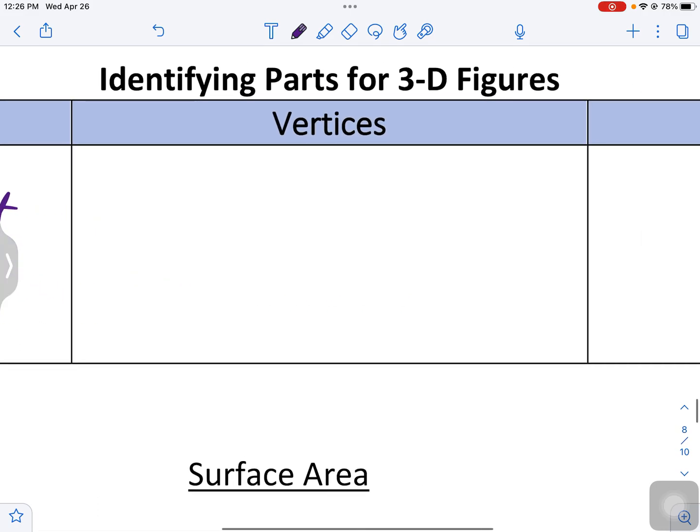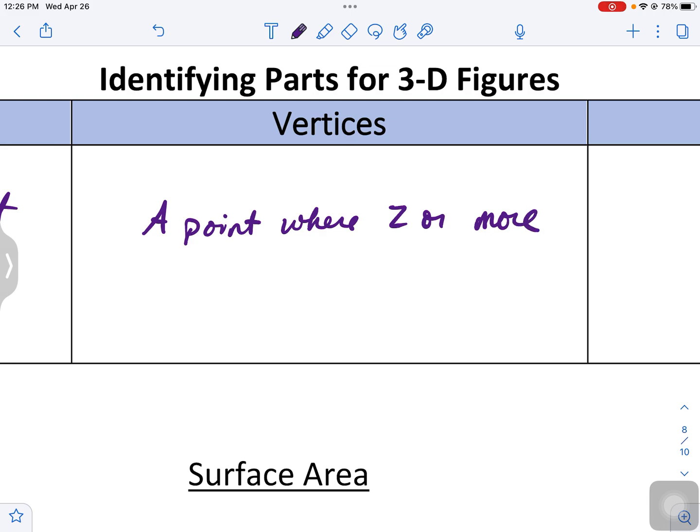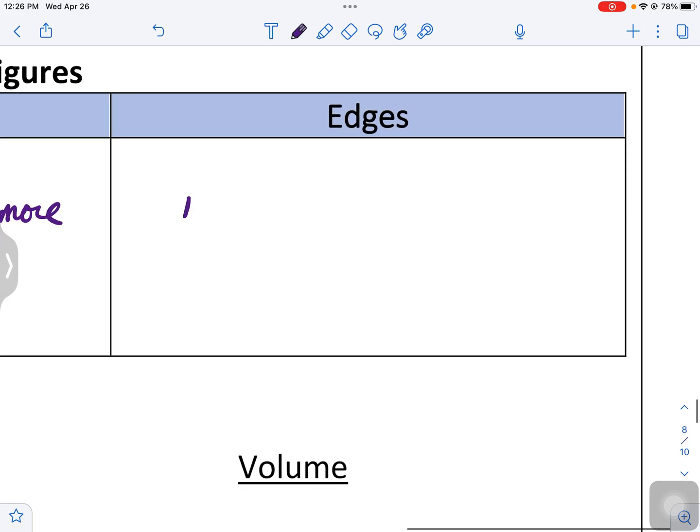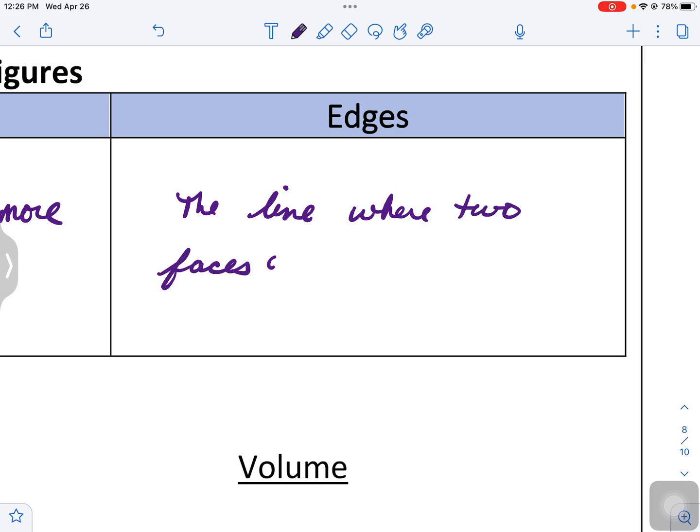A vertice is a point where two or more edges meet. And then an edge is the line where two surfaces of an object meet, or two faces. It's the line where two faces of an object meet.